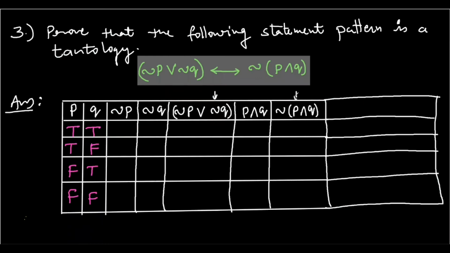We have the double implication of these two. So I have here negation of P or negation of Q, double implication, negation of P and Q.